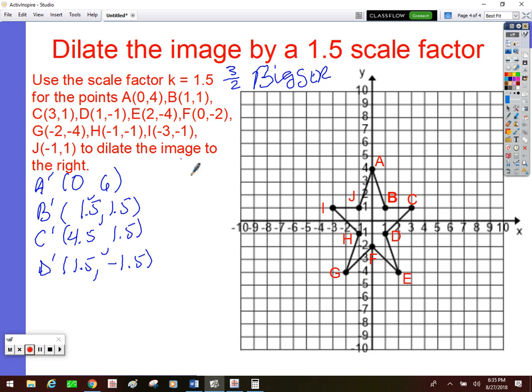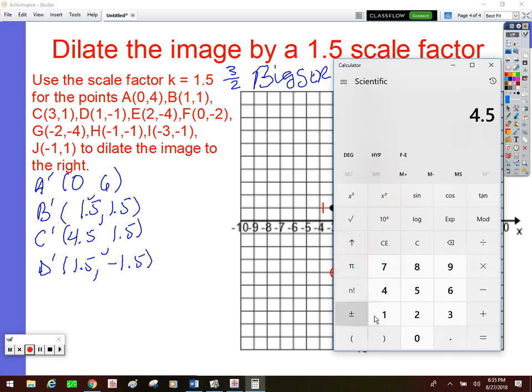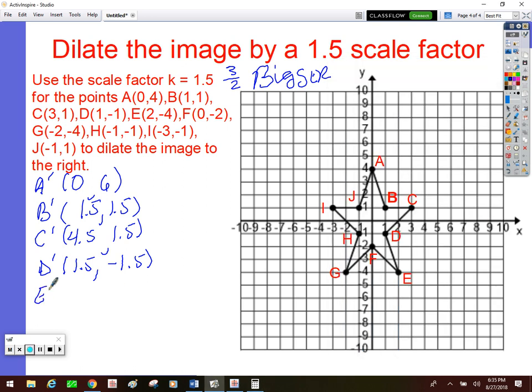Well, we haven't done 2 yet, so let's go right here. 2 times 1.5 should give me 3. So we're going with E. That's going to be 3. And we've done 4. So negative 4 will be the same coordinate. Well, if I look right here, 4 was 6. So negative 4 is going to be negative 6. Okay. So you can see sometimes it pays to use some of the numbers you've already used.